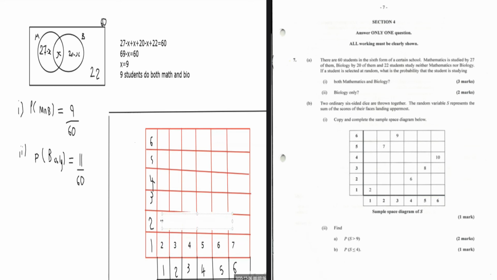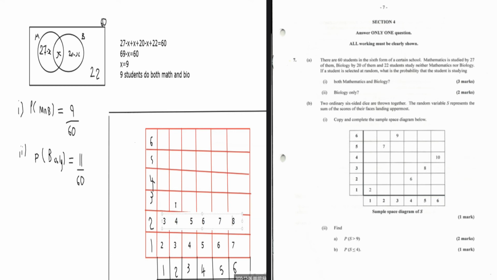Let's go to here now. It's going to be 2 plus 1, 3, 2 plus 2, 4, 2 plus 3, 5, 2 plus 4, 6, 2 plus 5, 7, 2 plus 6, 8.